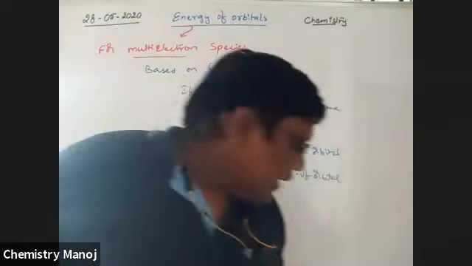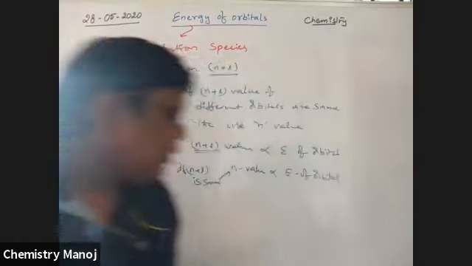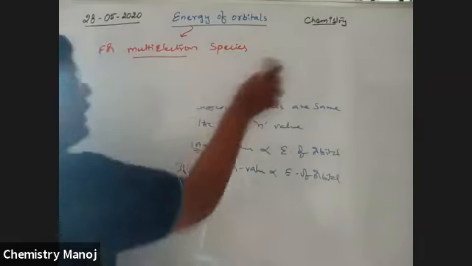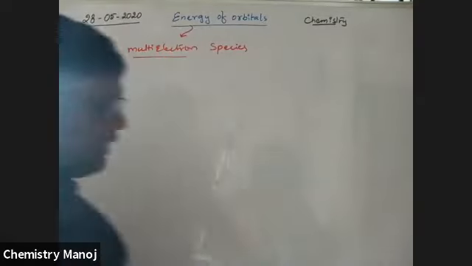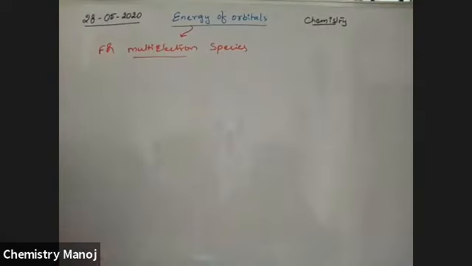See here, in the case of multi-electron systems, the energy is also decided with the help of the Aufbau diagram.